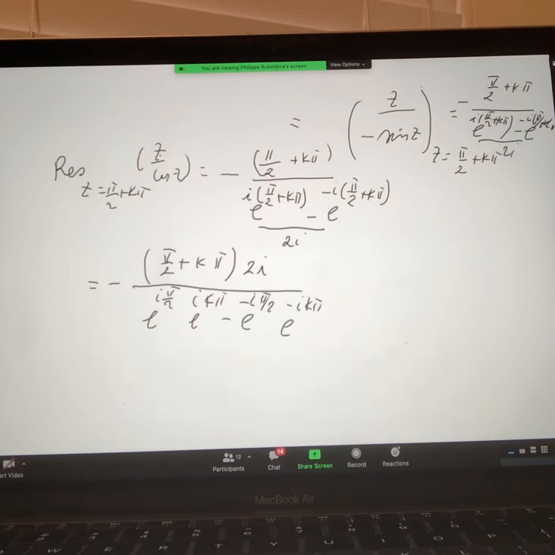It's not just that. There is an alternating sign. It depends on what k is.